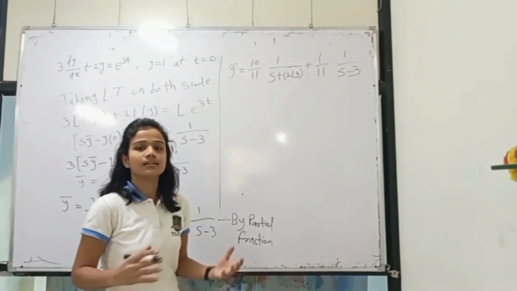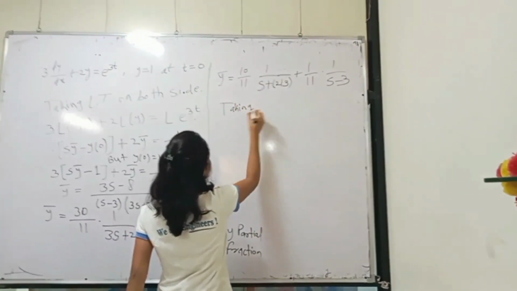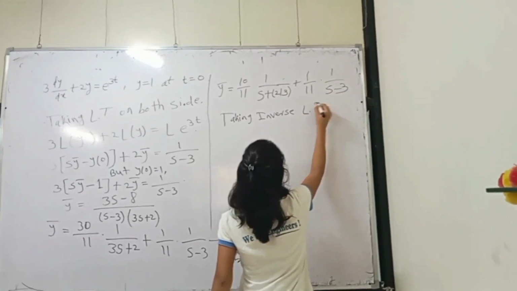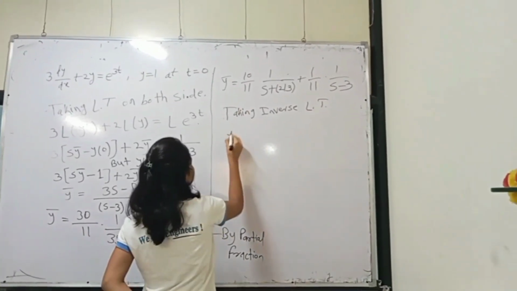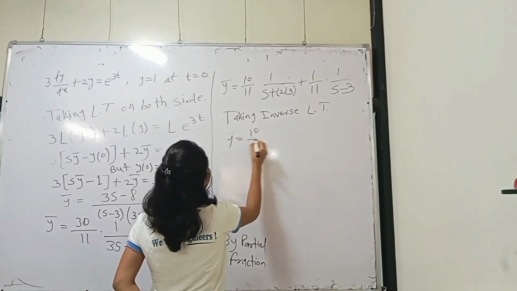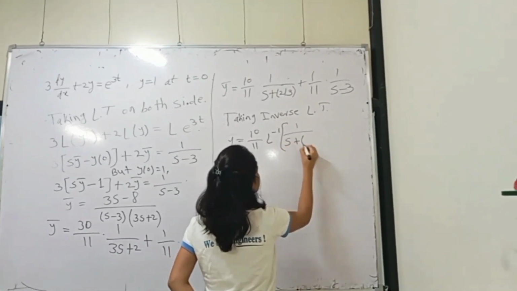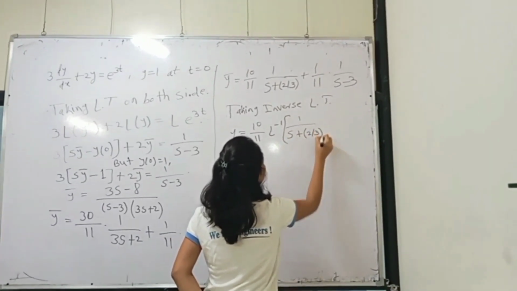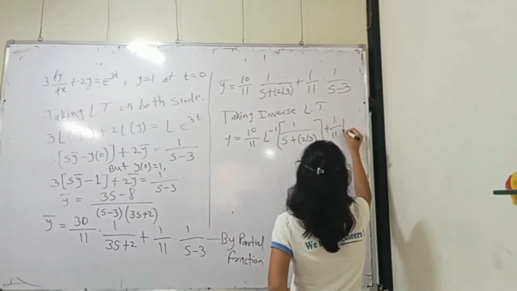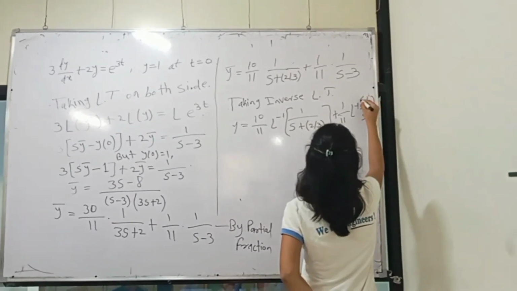So we can take the inverse Laplace. Taking inverse Laplace, y is equal to 10 divided by 11 Laplace inverse of in bracket 1 divided by s plus 2 divided by 3, bracket complete, plus 1 divided by 11 Laplace inverse of 1 divided by s minus 3, bracket complete.